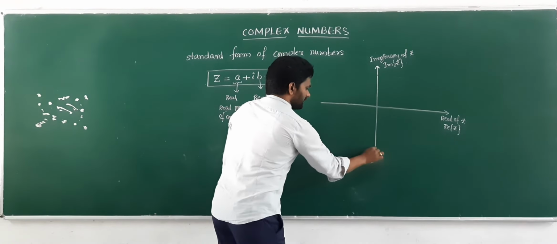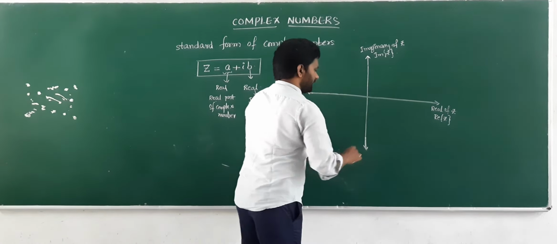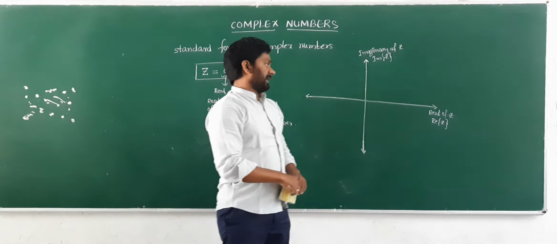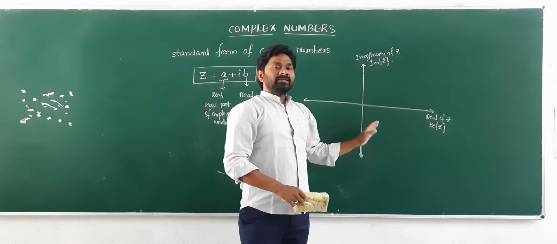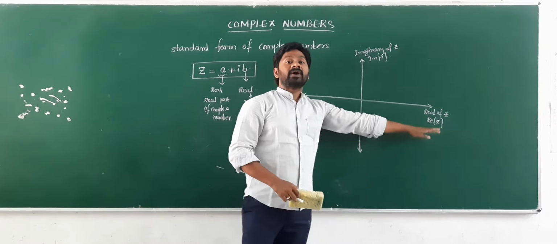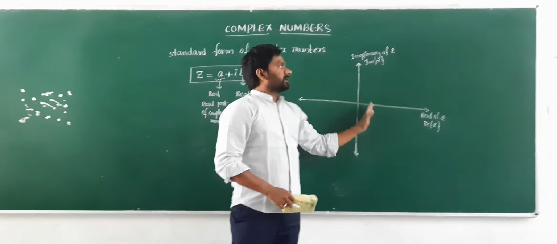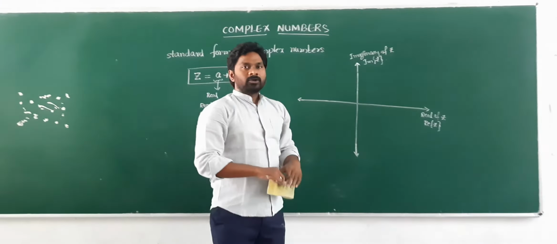It looks like the rectangular coordinate system, like the x-axis and y-axis, but the horizontal axis is considered the real values of the complex number and the vertical axis is taken as the imaginary values of the complex number.